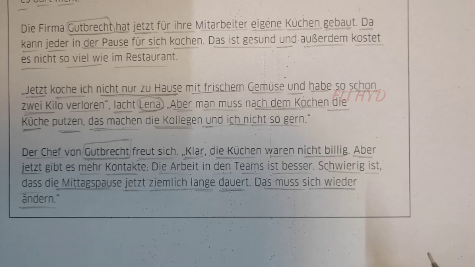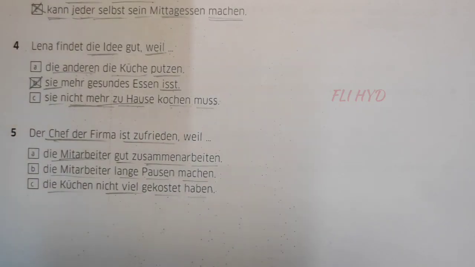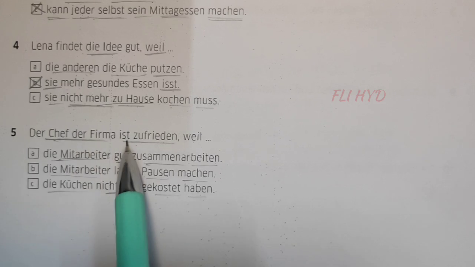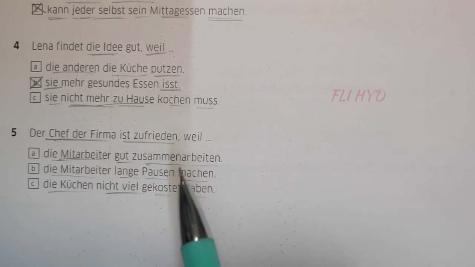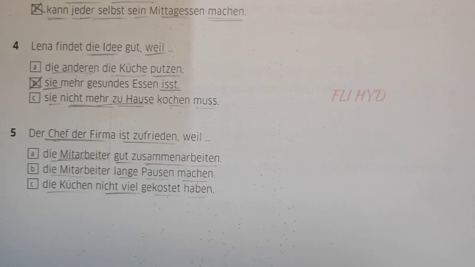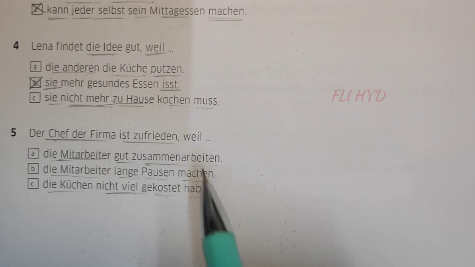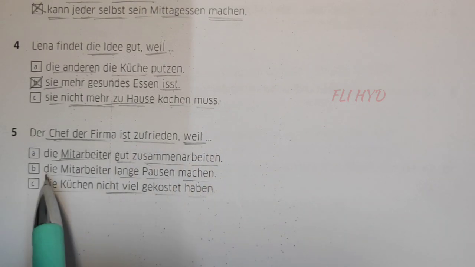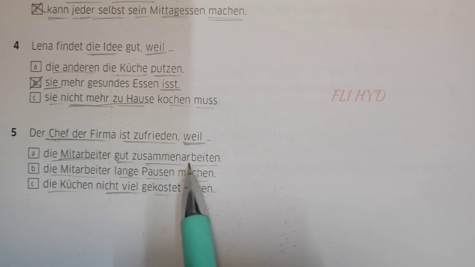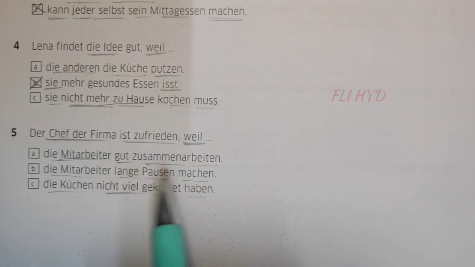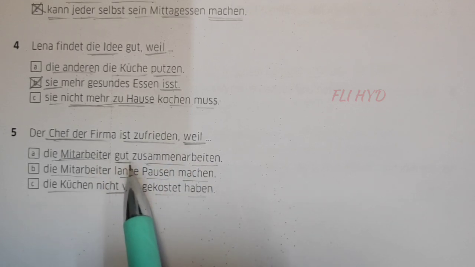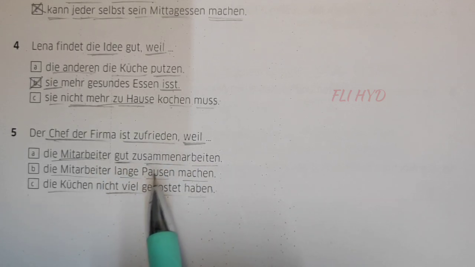Clear? Now let's answer the last question, that is the fifth one. Der Chef, die Firma ist zufrieden, weil. The boss of the company is satisfied. Why? Because the Mitarbeiter gut zusammenarbeiten. The employees are working together well. Yes, they have more contacts and they're working well.